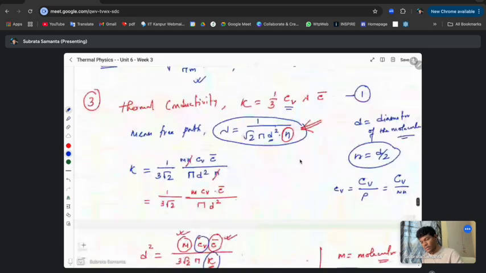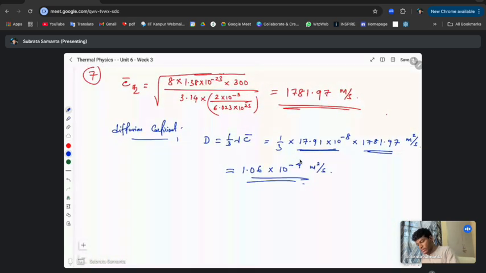Now that we know how the diffusion coefficient D varies with temperature and pressure, for the two containers dB over dA is TB to the power 3 by 2 over TA to the power 3 by 2, times PA over PB.